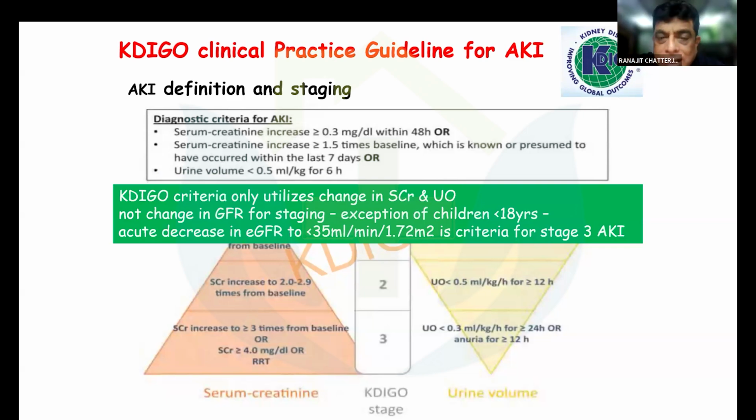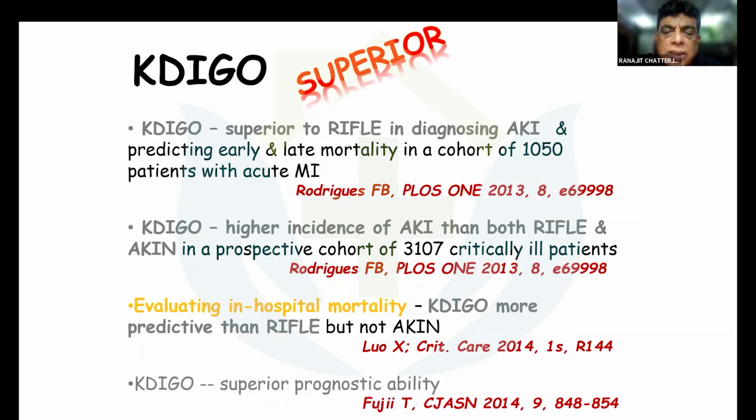Rest of them is more or less the same. And when they studied these three on different patient categories, they found KDIGO superior to RIFLE in diagnosing AKI. KDIGO has higher incidence of AKI than both RIFLE and AKIN. In evaluating in-hospital mortality, KDIGO was more predictive than RIFLE, but not that of AKIN. And it has an overall superior prognostic ability.